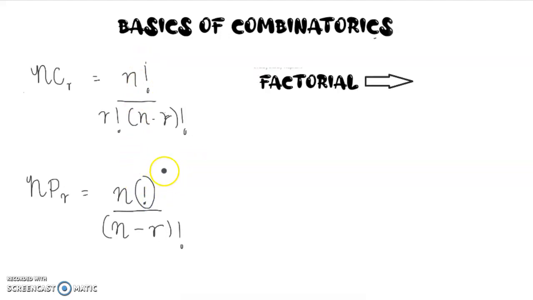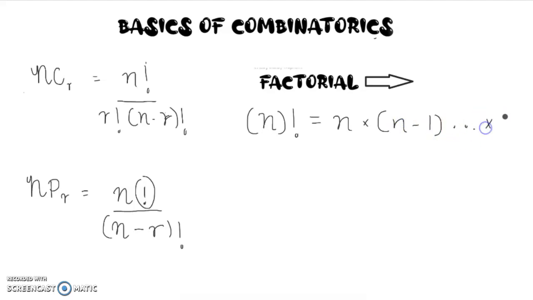Well, this exclamation mark is called a factorial. The basic form of a factorial is n factorial is equal to n times n minus 1 all the way to 1.